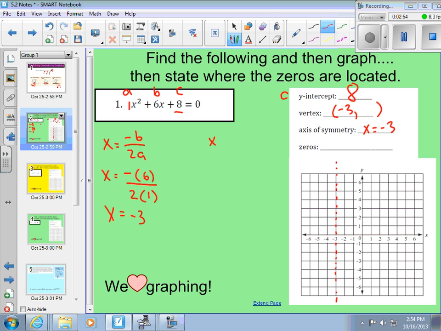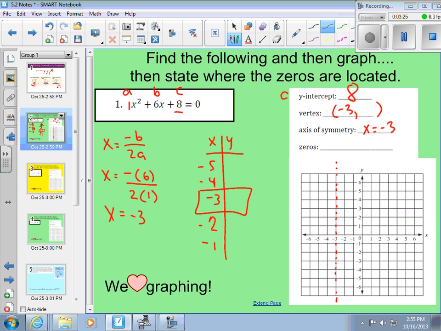All right, we want to finish out though and look at this one by graphing. So we want to come up with a table of values that we can use. Negative 3 would be the point we'd want in the middle here, because we know at negative 3, our vertex, it's going to be symmetrical about both sides. So pick some numbers that are bigger than negative 3, like negative 2, negative 1, and some numbers smaller. Now you can plug those numbers in and find them out just doing it by hand.